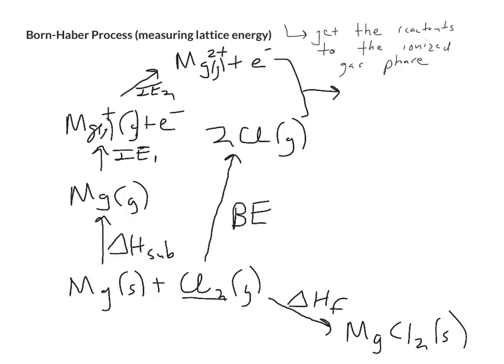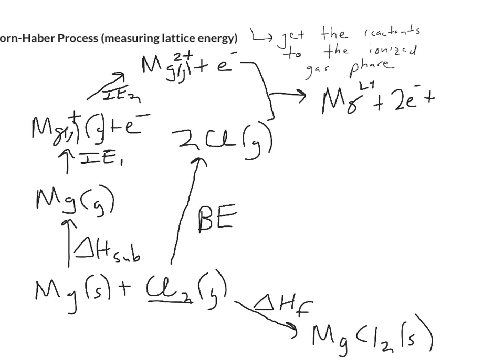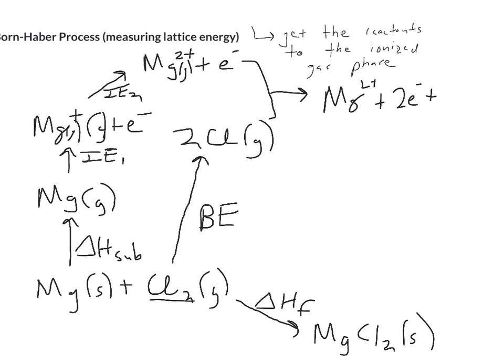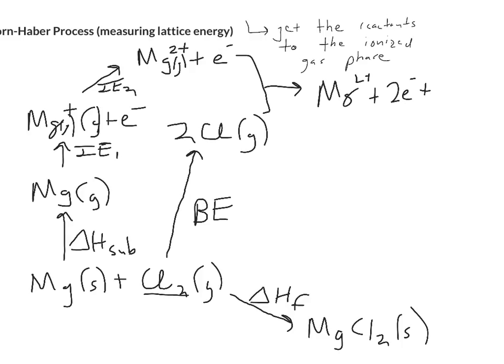Combining these terms, you've got magnesium 2 plus, 2 electrons, plus the two chlorine atoms in the gas phase. The chlorine atoms are going to get the 2 electrons.